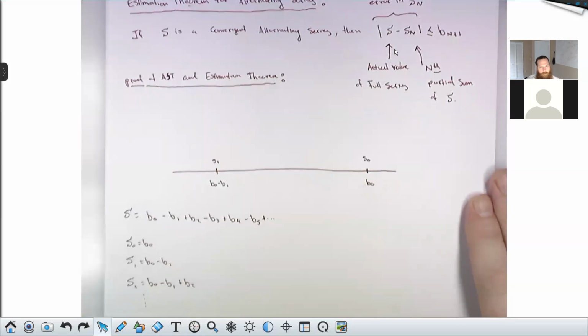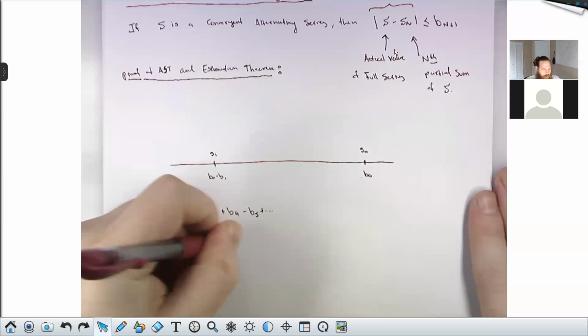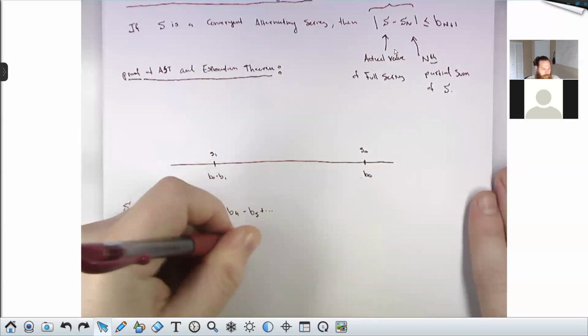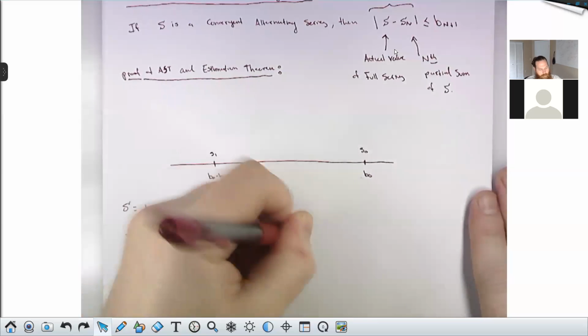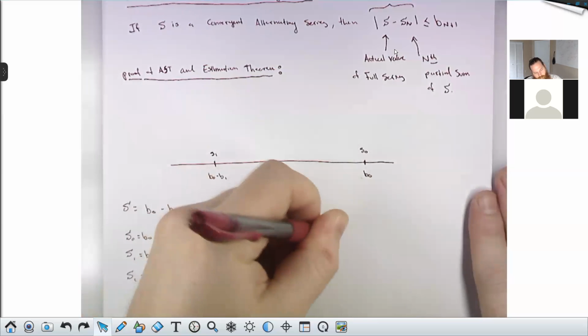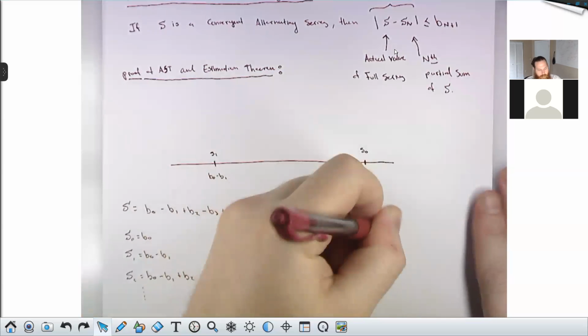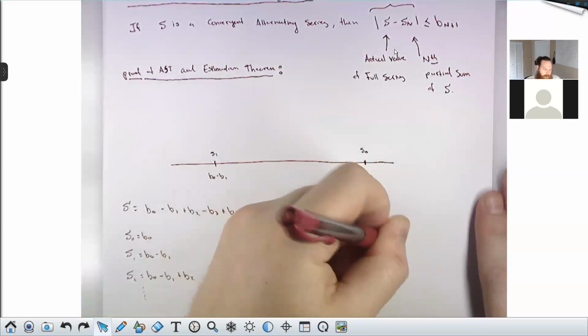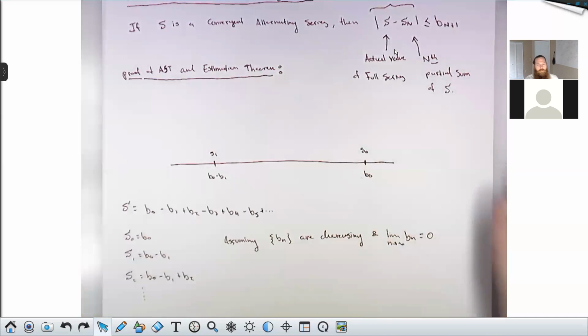Now something cool is going to happen. I'm assuming that the BNs are decreasing, and that the limit as n goes to infinity of the BNs is 0, because those are the hypotheses for the alternating series test.